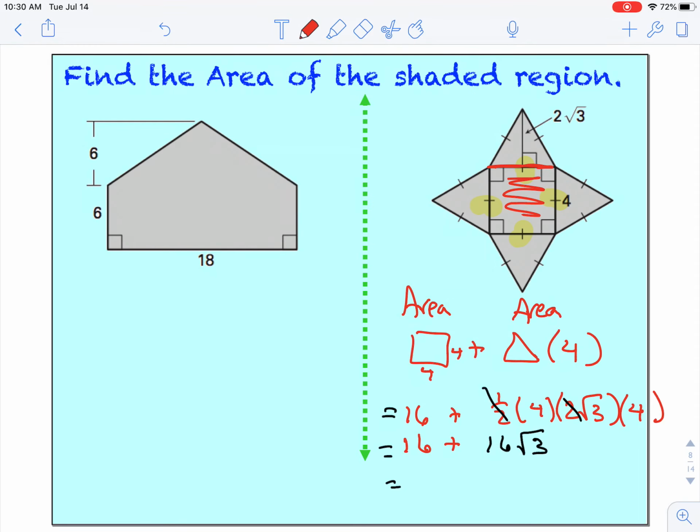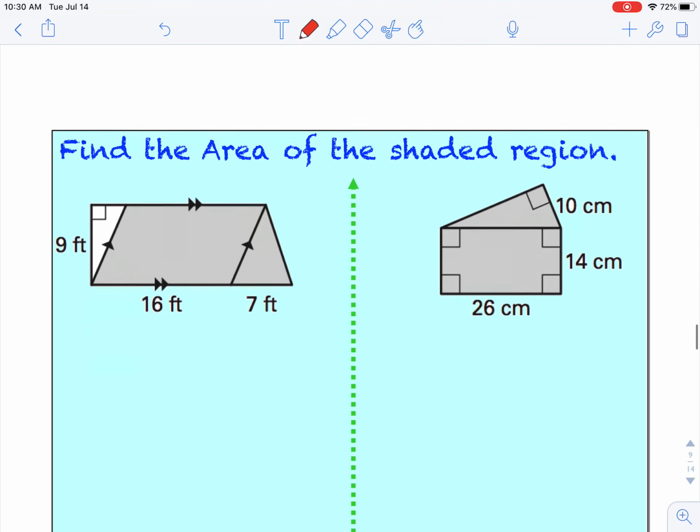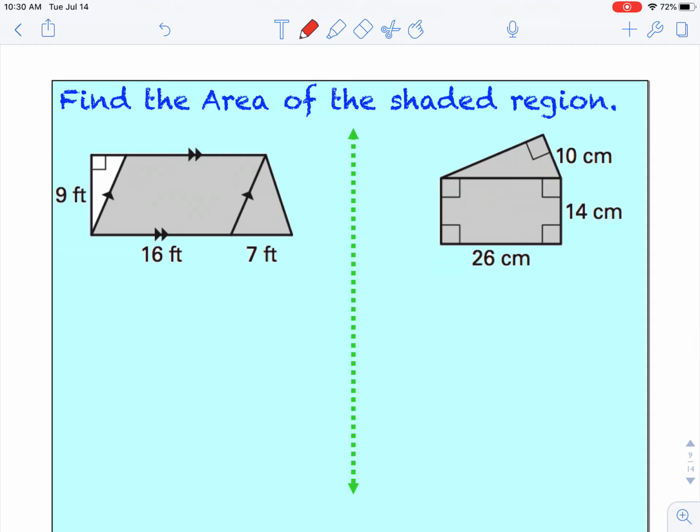So now to find the combined area, we add those together, which gives us an area of approximately 43.71 units squared. Because remember that 16 square root of 3 ended up to be about 27.71.